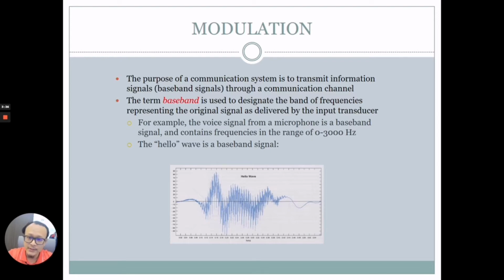Modulation is basically a combination of a baseband signal with another frequency signal. We call it the carrier signal, which has a higher frequency than the baseband signal, and it envelops the baseband signal so that it can be transmitted further away, a few hundred kilometers, for example.